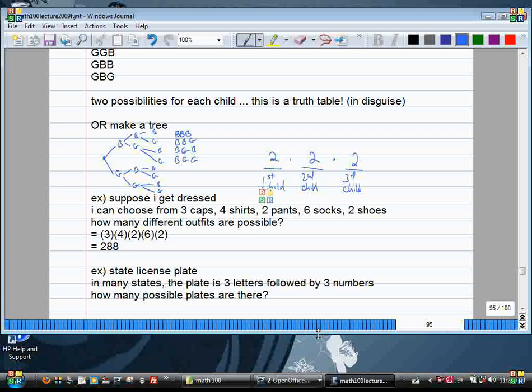What's the first event? What's the first thing you have to choose? The first thing you have to choose is a letter. So what number would go there? 26. What's the next thing?